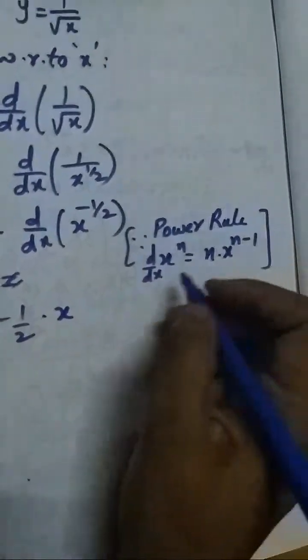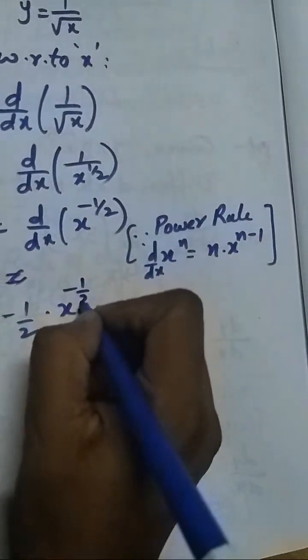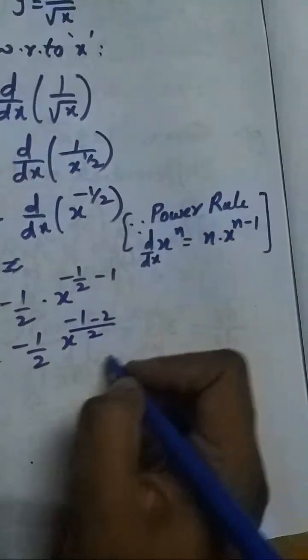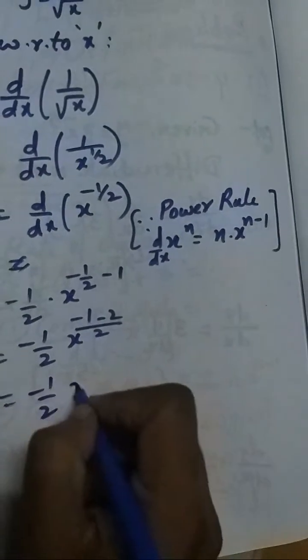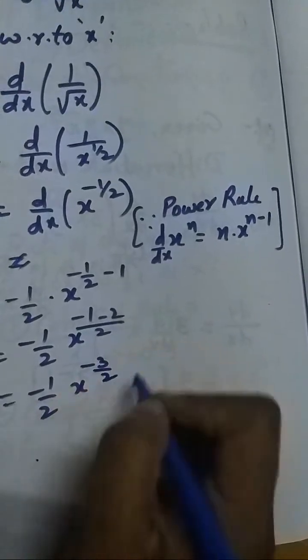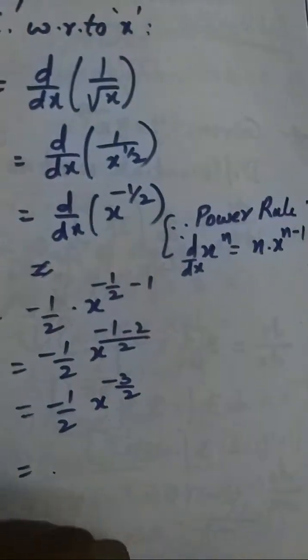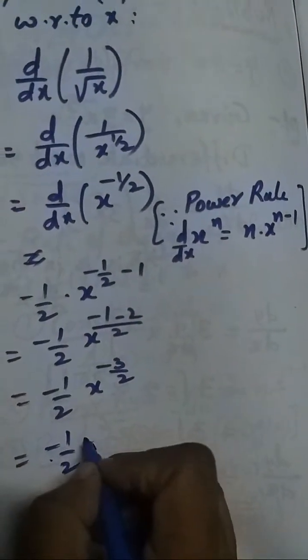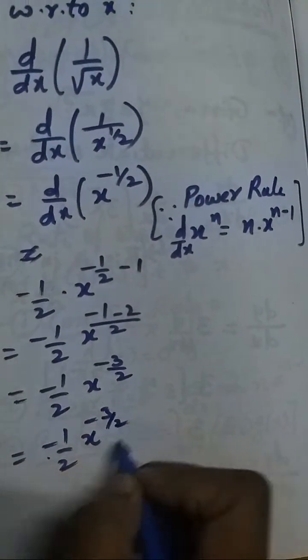Write down x as it is, with power minus 1 by 2 minus 1, which is minus 1 by 2 minus 2 by 2. This implies minus 1 by 2 x power minus 3 by 2. So dy by dx equals minus 1 by 2 x power minus 3 by 2 is the solution.